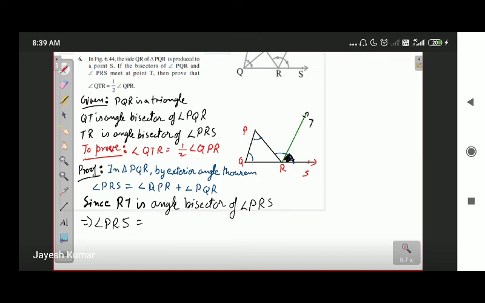Angle PRS is equal to twice of angle TRS. So in this equation we replace angle PRS with twice of angle TRS. So twice of angle TRS is equal to angle QPR plus angle PQR.